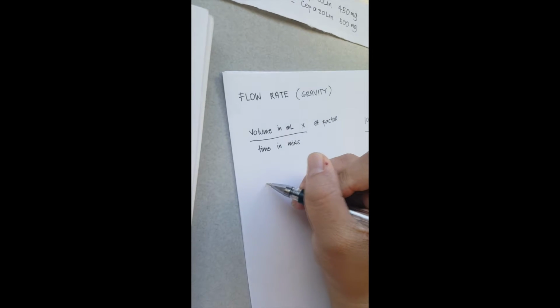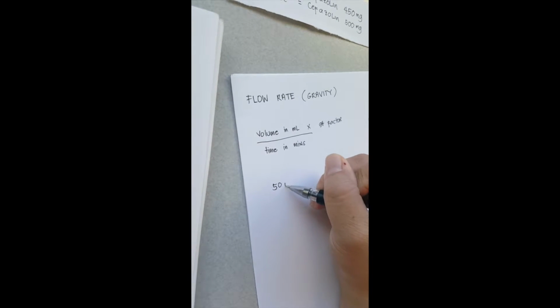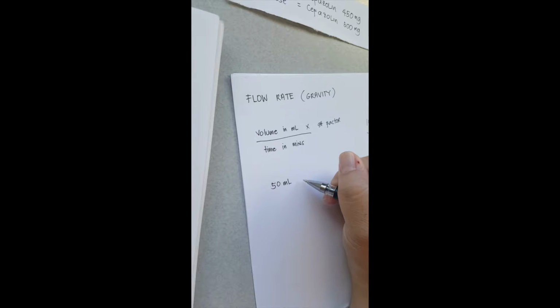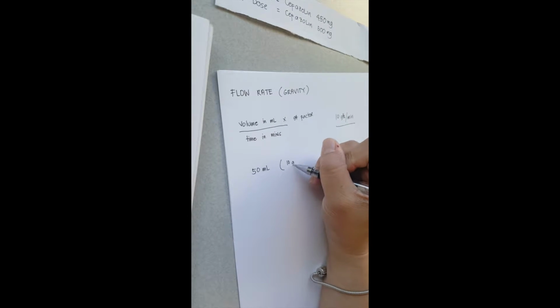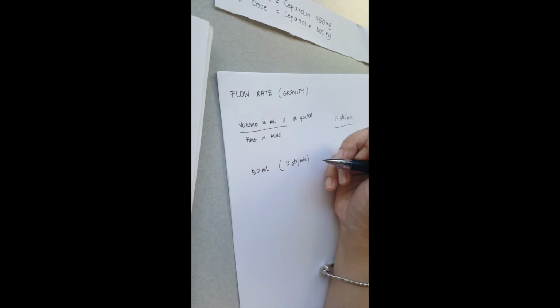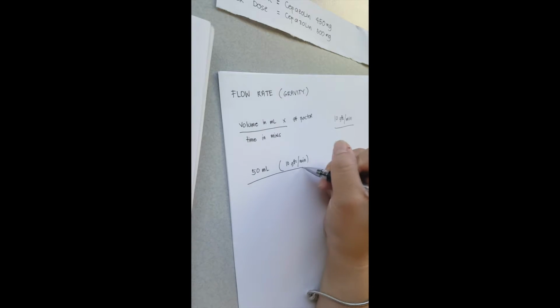According to our monograph, we can use 50 to 100 ml, so let's say we're using 50 ml. That's our mini bag volume, 50 ml, times our drop factor of 10, divided by time in minutes.